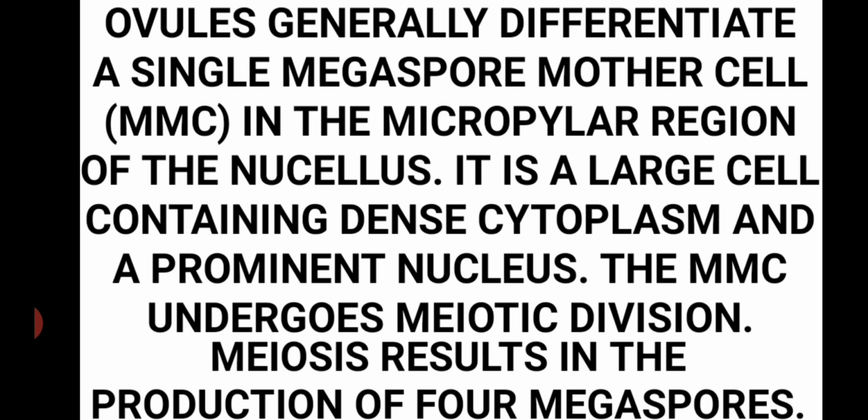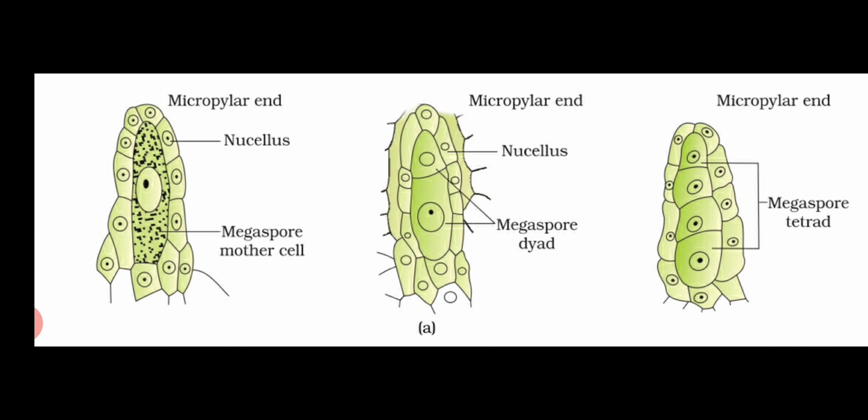Whenever this MMC undergoes meiotic division, it will produce 4 megaspores. In this diagram we can easily understand. The large cell is the MMC. It contains dense cytoplasm and a prominent nucleus, and whenever it undergoes meiotic division, it produces a megaspore tetrad, and from this a new megaspore is produced.